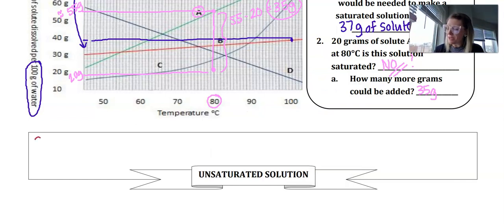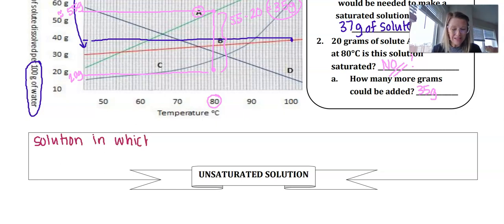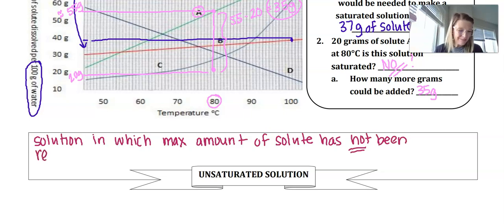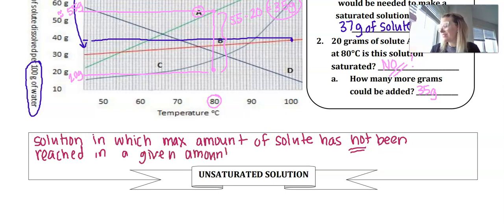So this is going to be a solution in which the max amount of solute has not been reached in a given amount of solvent at a given temperature. All right, again, a lot of words.